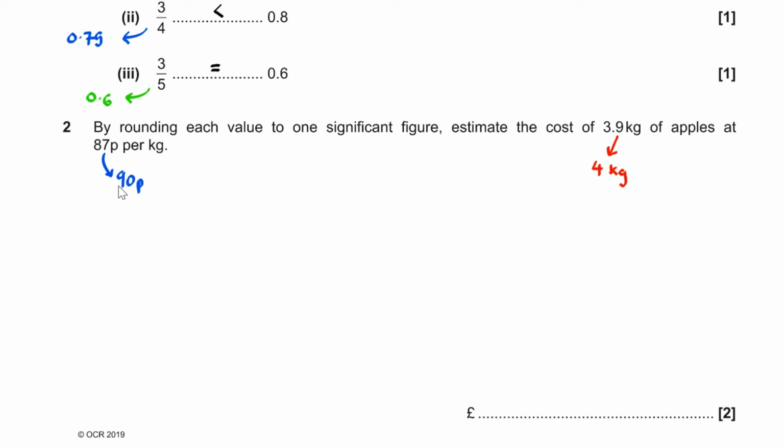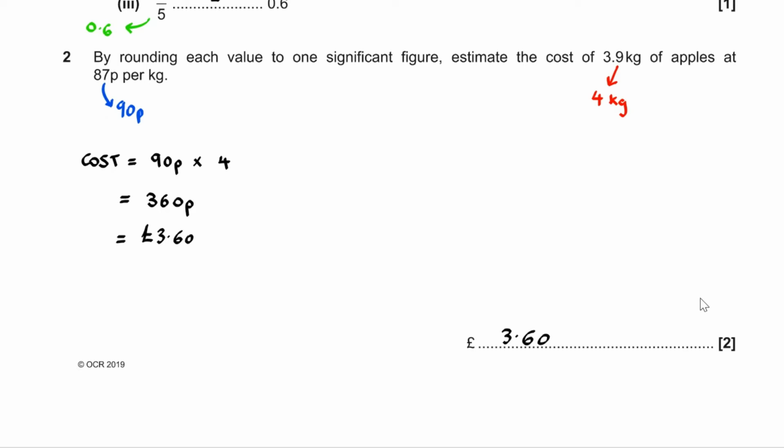So therefore, if we have 90p per kilogram and we've got 4 kilograms, then of course the cost would be 90p multiplied by 4, which is 360p. And if we divide this value by 100, we can see that 360p is the same as £3.60. So we've got £3.60 as our answer.